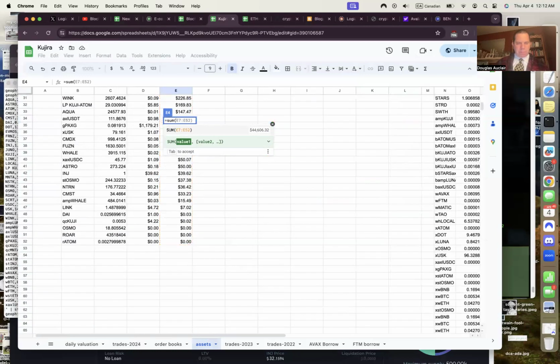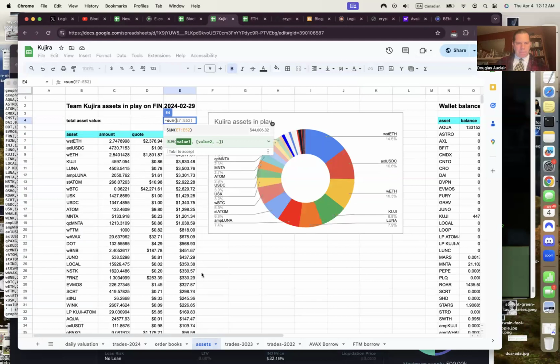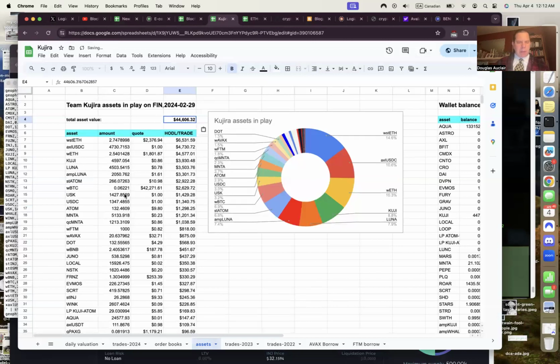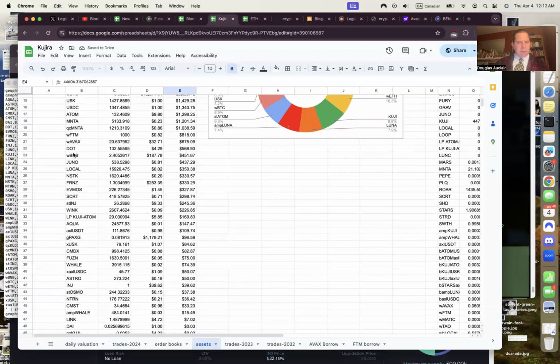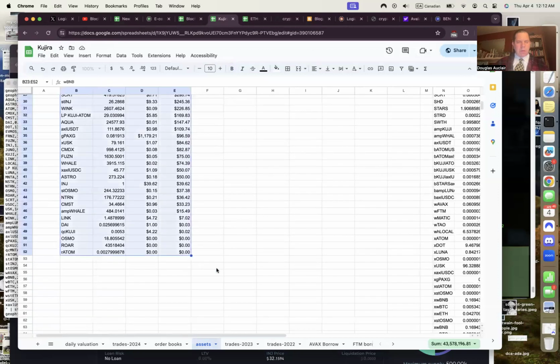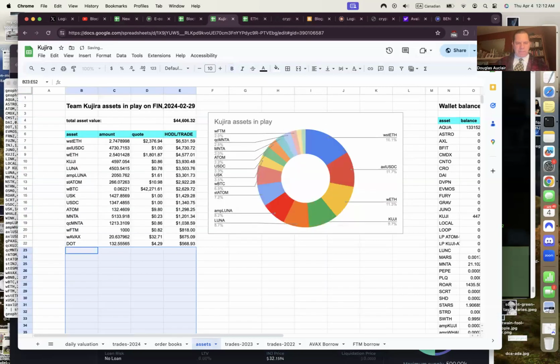Yep. Okay, so that's 44,000. Now let's cut off below $500. And that's not affecting the asset file in the repository. This is just for reporting via spreadsheet.